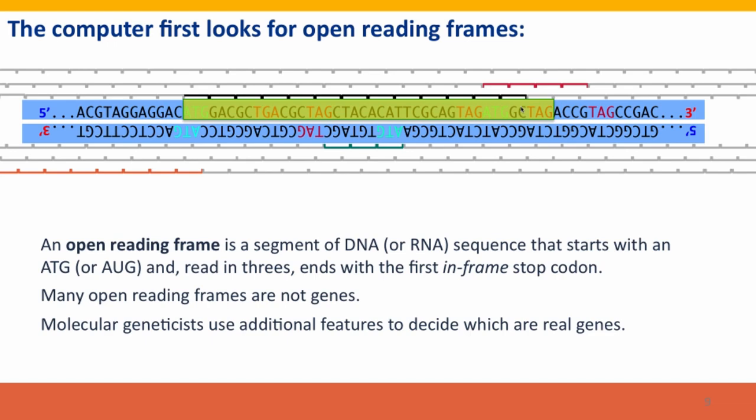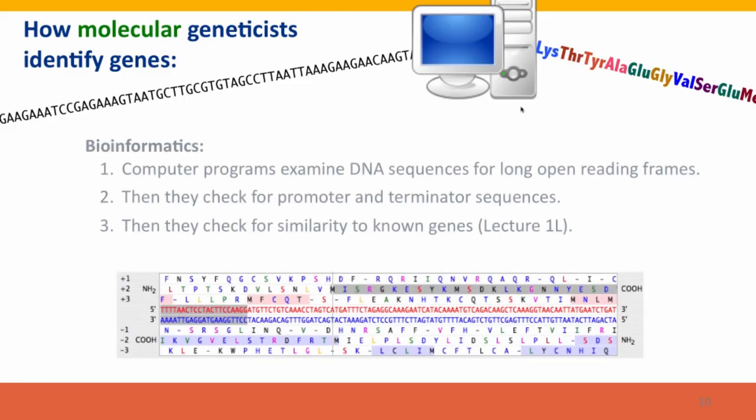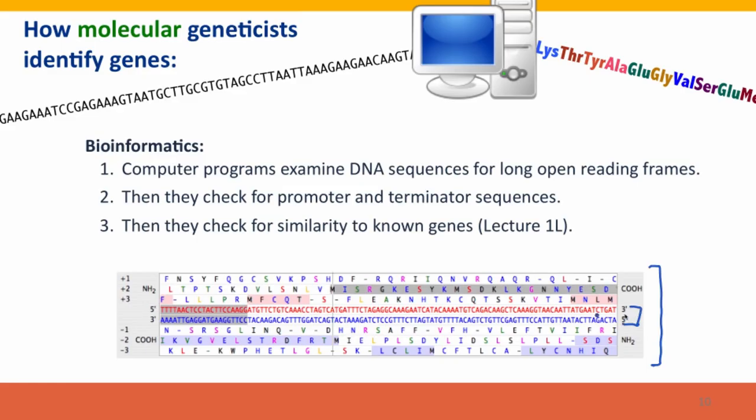Finding open reading frames is only the very first step in finding genes with a computer. Many open reading frames are not genes at all. So we use additional features to decide if we're looking at something that might actually be a gene. And here's an example of a DNA sequence that has been translated by a computer in all of its possible reading frames: 3 reading frames going that way, 3 reading frames going that way.